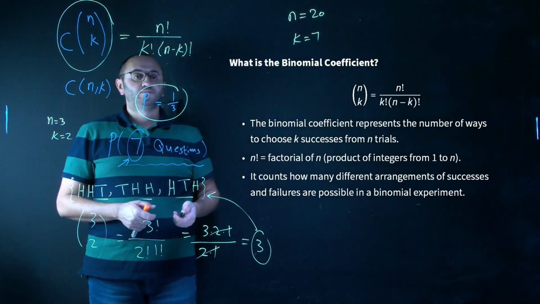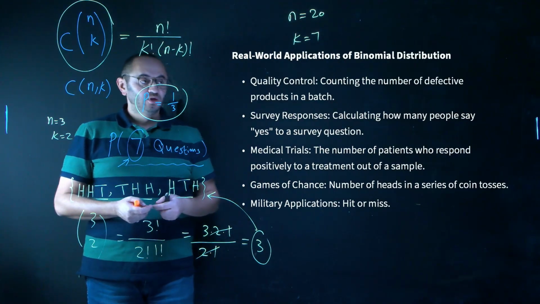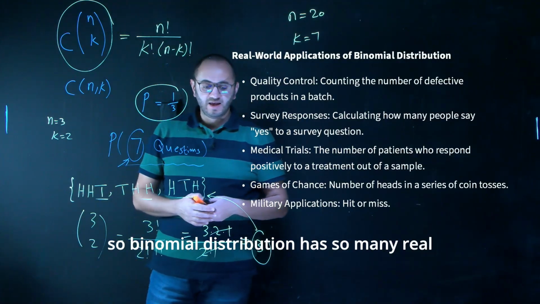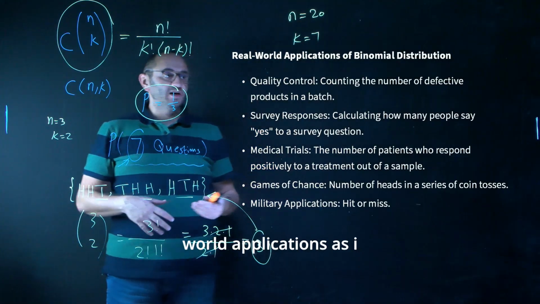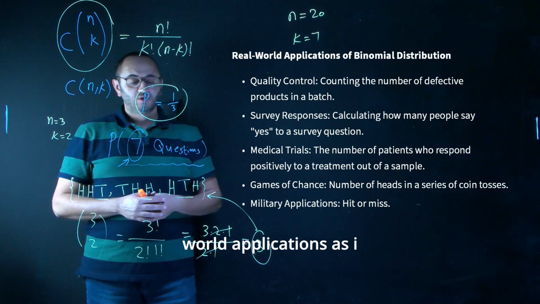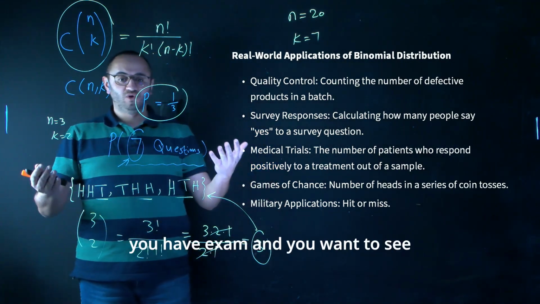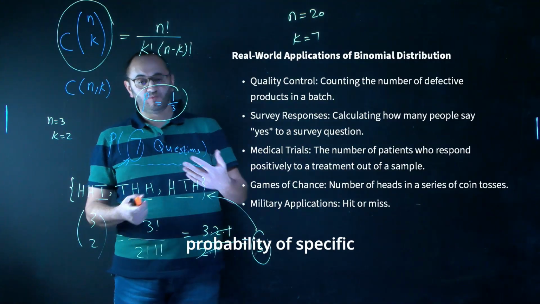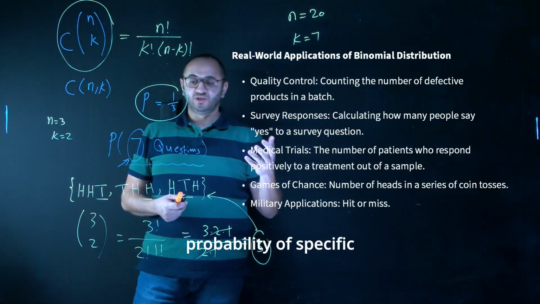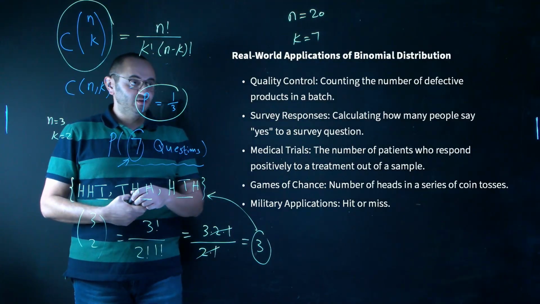All right. So binomial distribution has so many real-world applications. As I mentioned, this is one example. You have an exam and you want to see the probability of a specific number of correct answers.